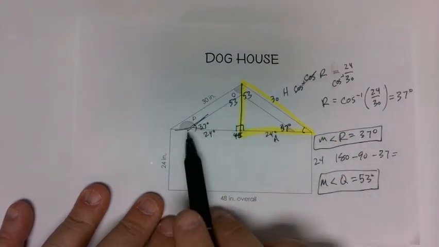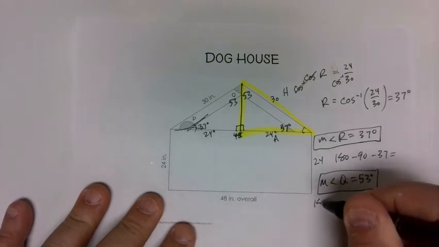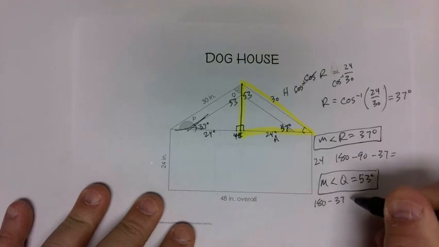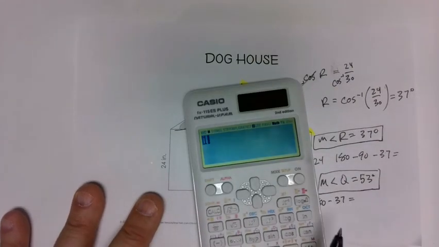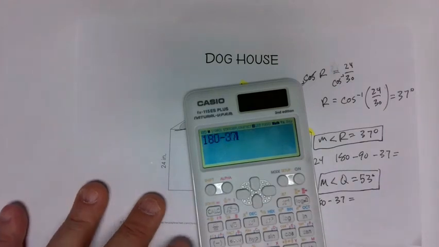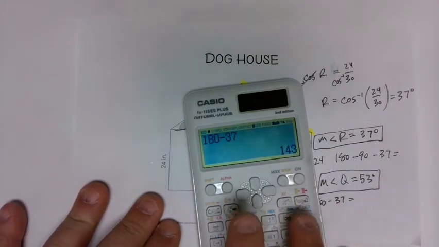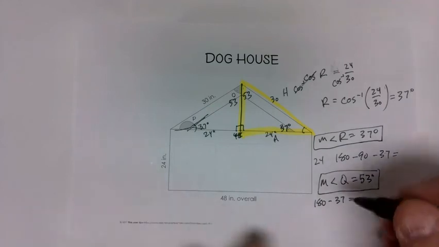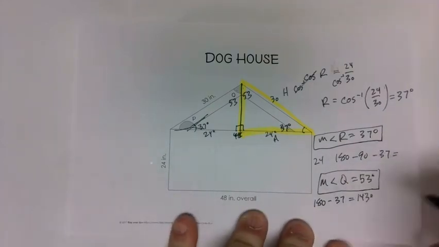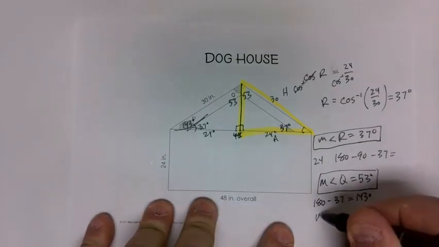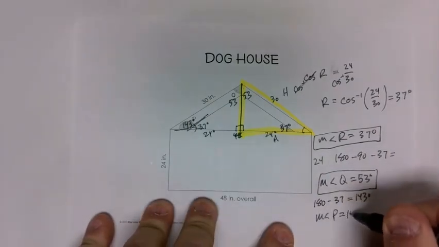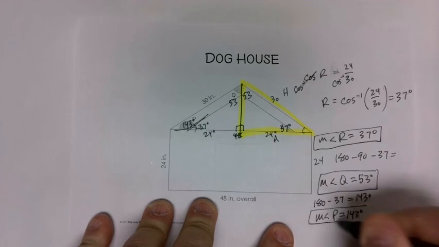That means they're going to add up to 180. So if I take 180 minus 37, I can't do that in my head right now. It's just been that kind of a day. That's 143 degrees. So that means P is 143 degrees. So the measure of angle P is 143 degrees.